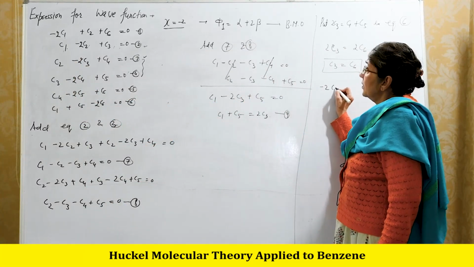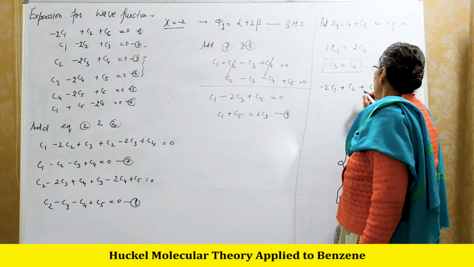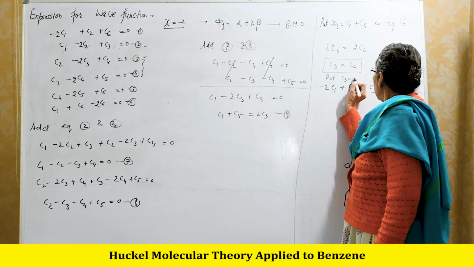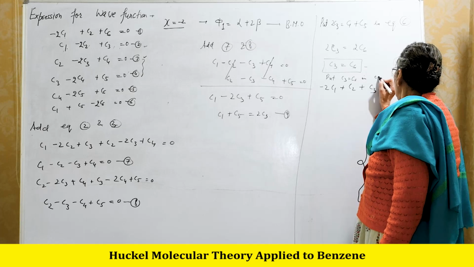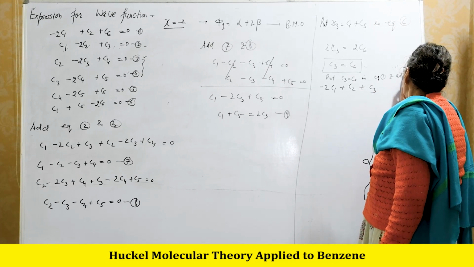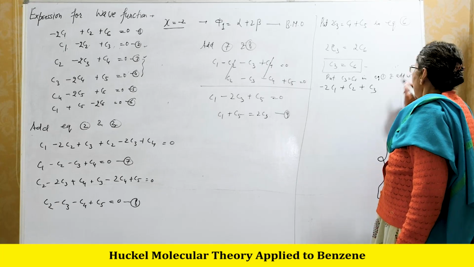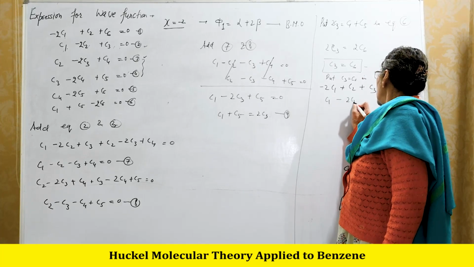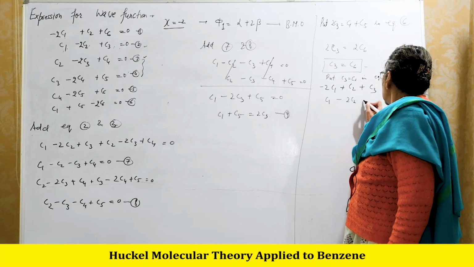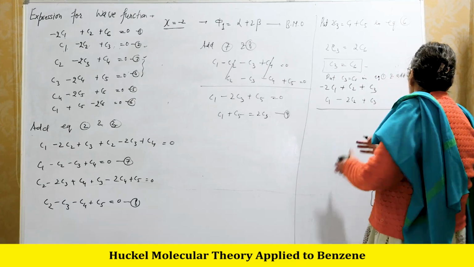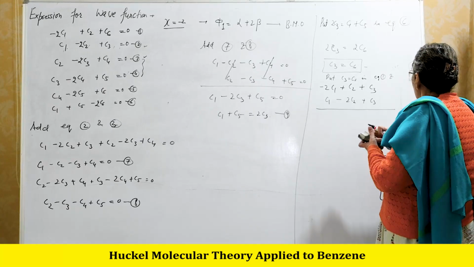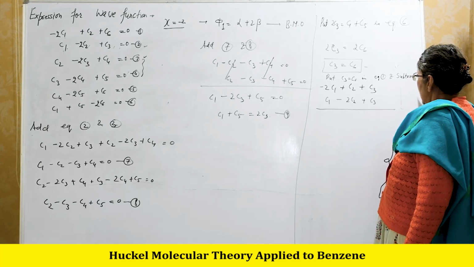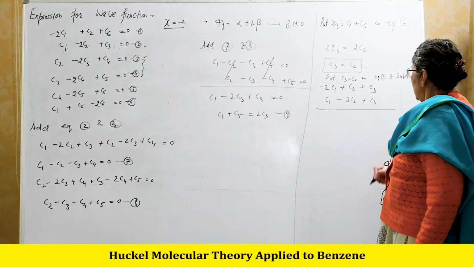Put C3 equal to C6 in equation 1 and add with 2, and subtract 2.